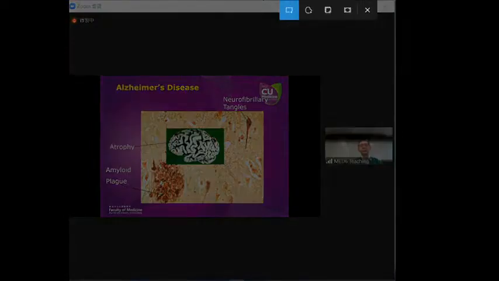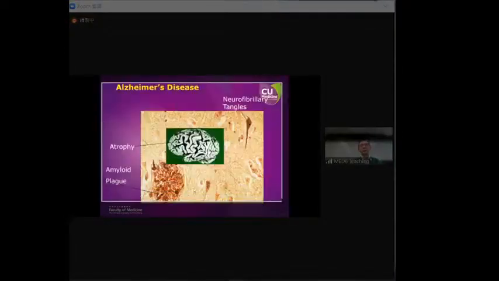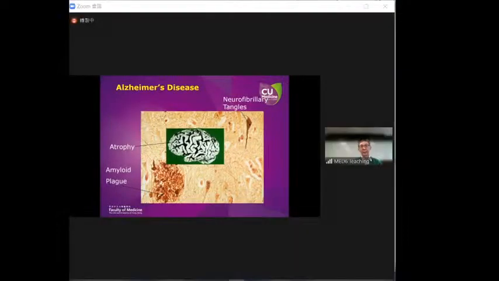Dementia is not a disease. Dementia is a syndrome. It's just a collection of symptoms and signs. It does not really tell us anything about the underlying pathology. Actually, for many years, people have believed that dementia is part of aging.